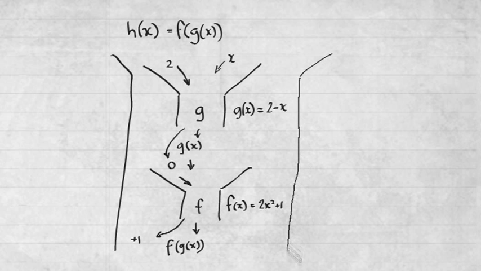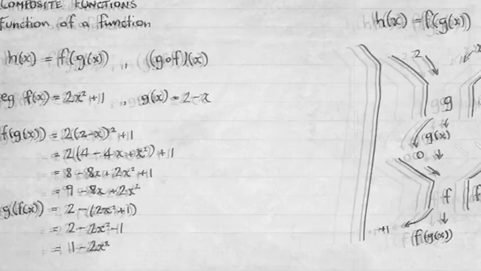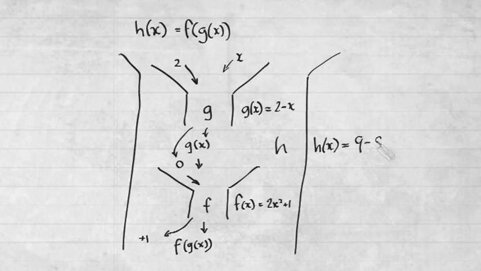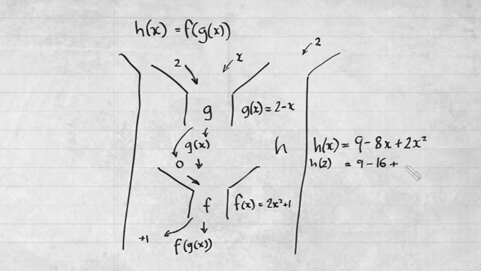H of x is exactly the same thing as f of g of x, but the composite function, remember we worked out before, was 9 minus 8x plus 2x squared. So h of 2, if we put 2 into the top of the machine, out of the bottom of the machine comes 9 minus 16 plus 8, or 1 as before.